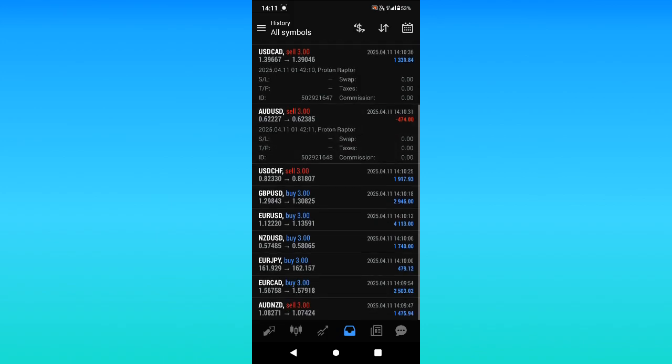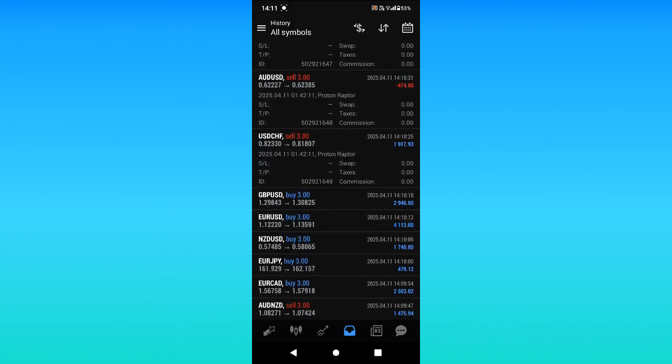These are all the trades. Again, as you can see, they were executed by the Raptor.